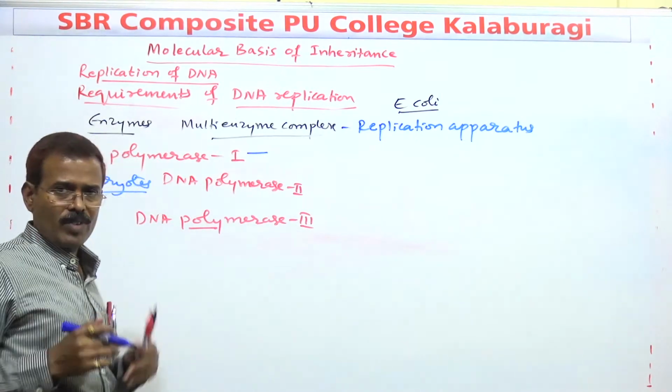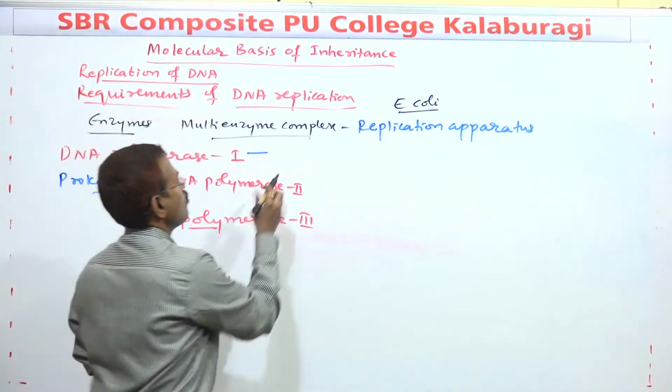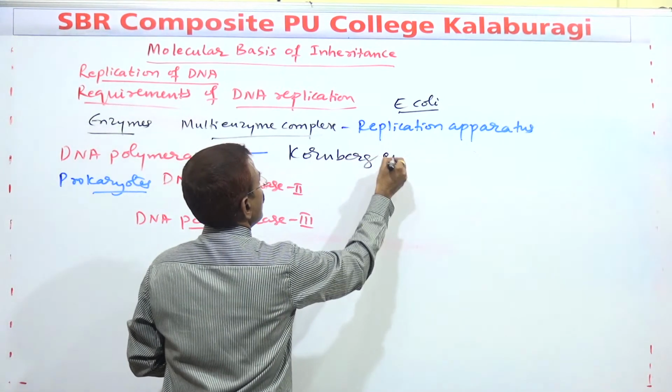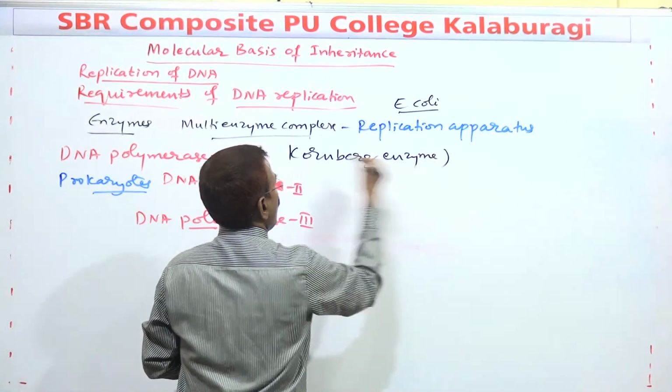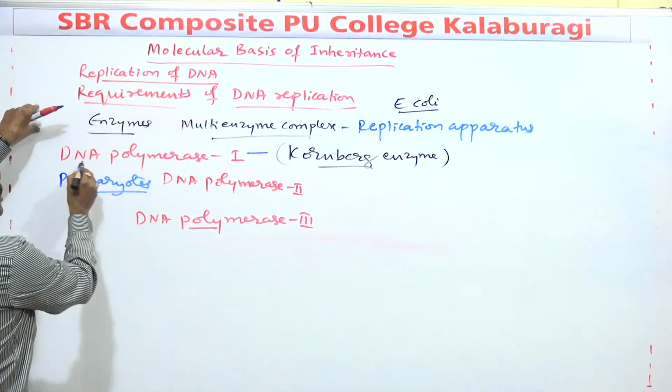What is the role of DNA polymerase 1? DNA polymerase 1 is known as the Kornberg enzyme.